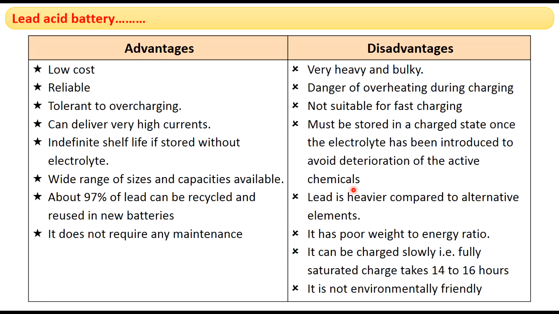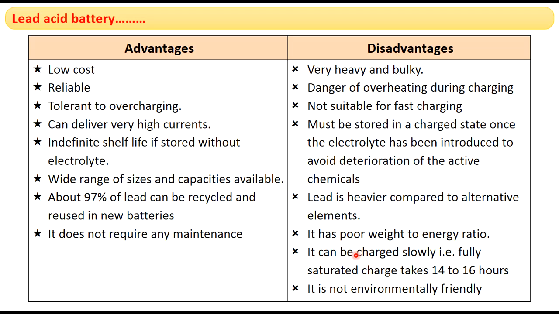Another disadvantage is lead acid battery is heavier when compared to other secondary batteries, and lead acid battery has a poor weight to energy ratio. So if we consider its weight, the energy produced by the battery is low.